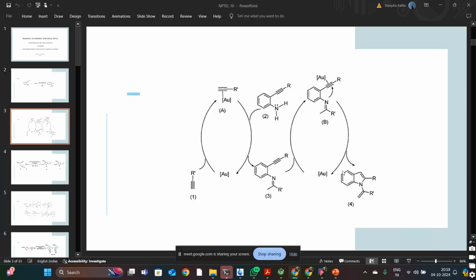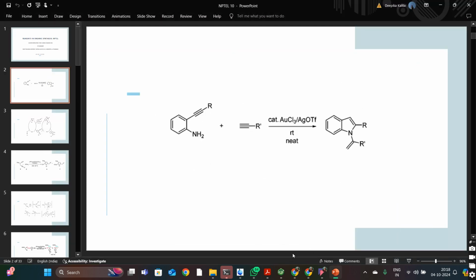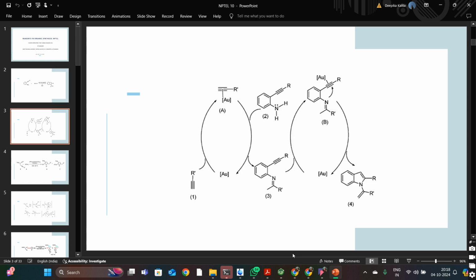So in the mechanism we saw the reaction started with the activation of the terminal alkyne with gold to give us this imine 3 by the reaction between activated alkyne and the aryl amine. Okay, and the second fragment of the alkyne was also activated by gold to give us the hydroamination reaction.